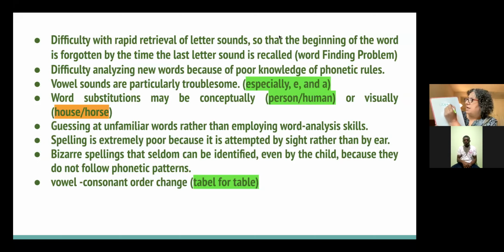This E is a bossy E or a silent E, which does not want to say its sound. What it does is, it makes a short vowel inside the word say its name or the long sound. So tape, hate. The other word is rate, skate.